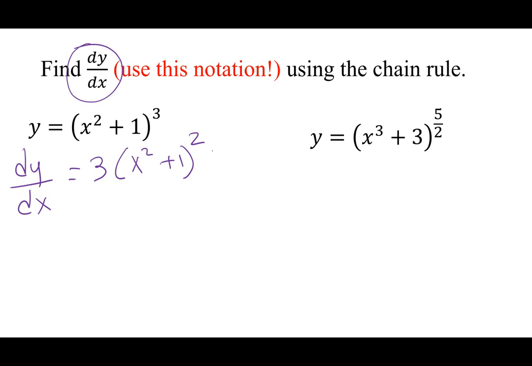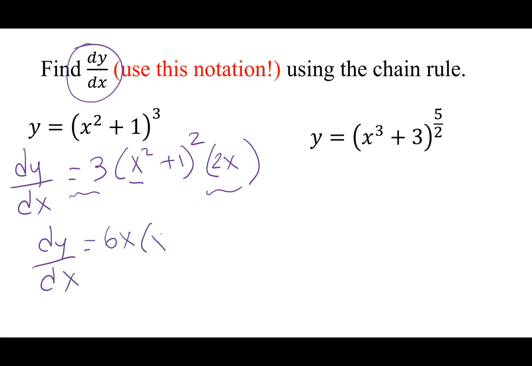And now, according to the chain rule, you're going to take the derivative of the inside. So the derivative of x squared, 2x. The derivative of a constant is 0. In order to get your final answer, all you're going to do is clean up a little bit. So dy dx, 3 times 2x is going to give you 6x times x squared plus 1 squared.